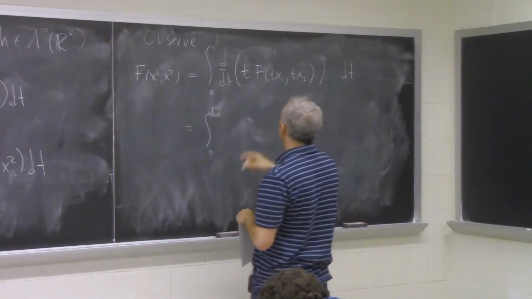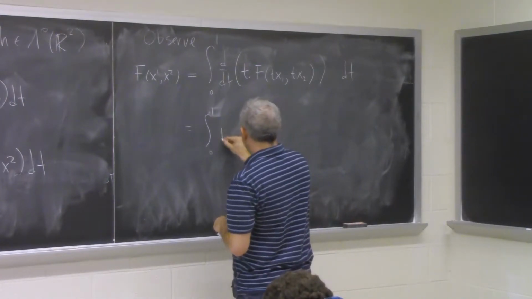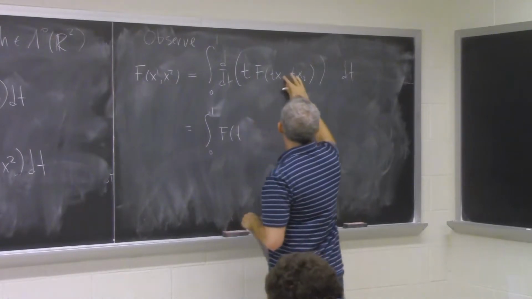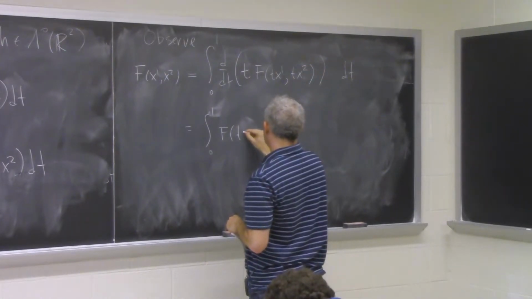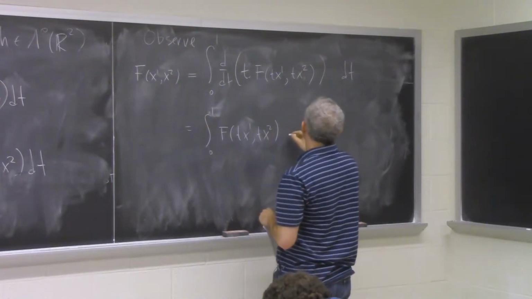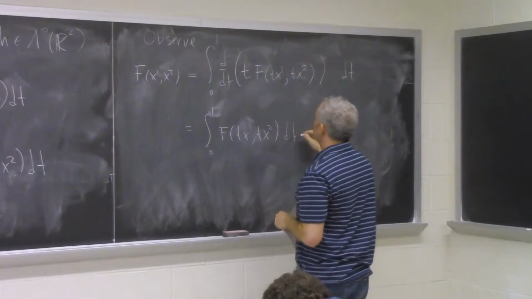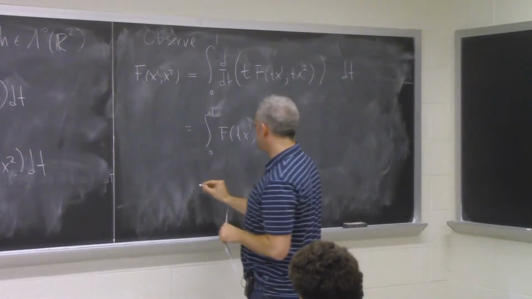If we take the derivative of the first function of t, we get the derivative of t. F(tx1, tx2) dt. So that's the first term here. And then I'm going to split out the other ones.